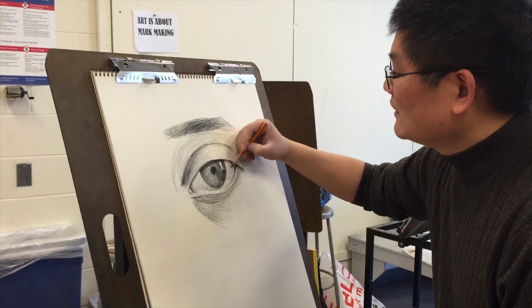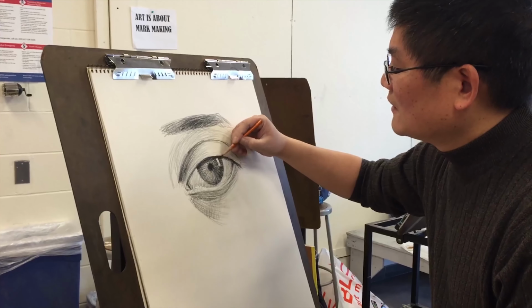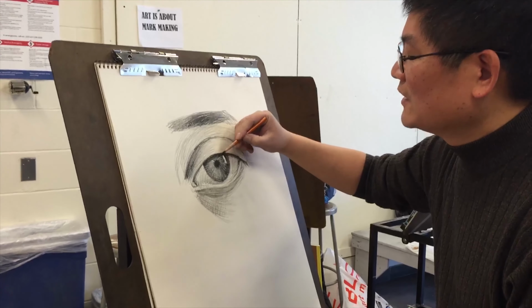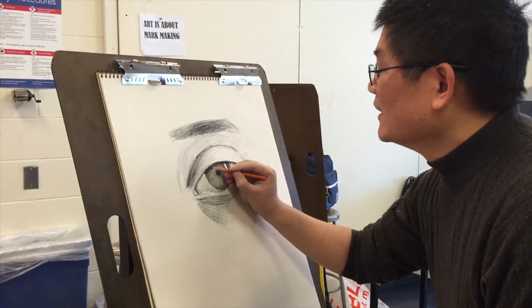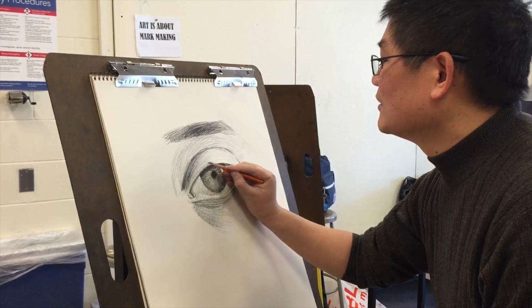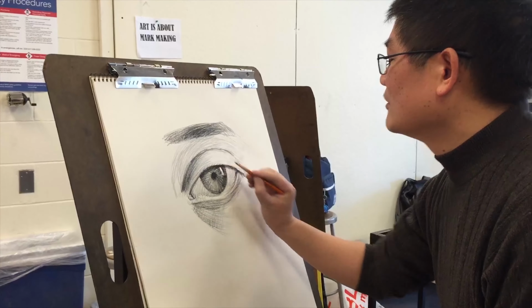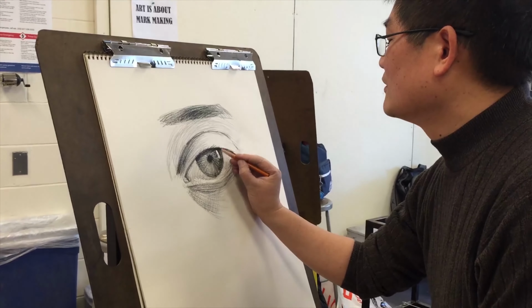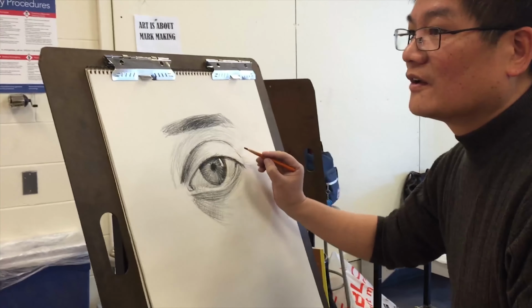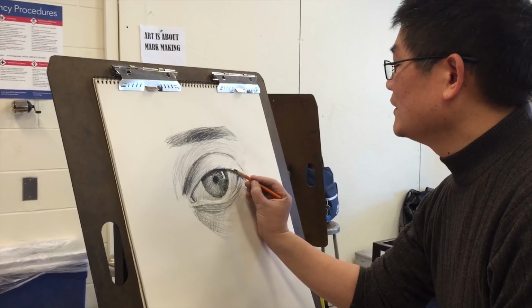Right, you can see that. Draw the hair. If you don't see it, don't draw it. And actually you can see some over here coming up. A little bit over here.